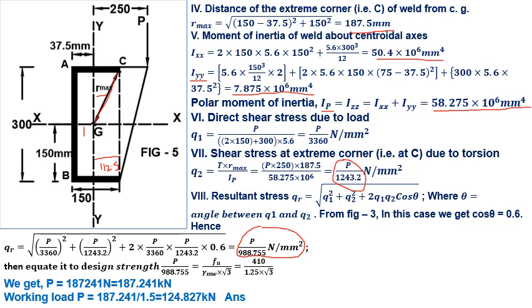Here for shop welding, gamma mw is taken as 1.25, and when we equate, then we get P equals 187.241 kilonewton. It is a factored load. Then working load is calculated as 187.241 upon 1.5, and it comes out to be 124.827 kilonewton.